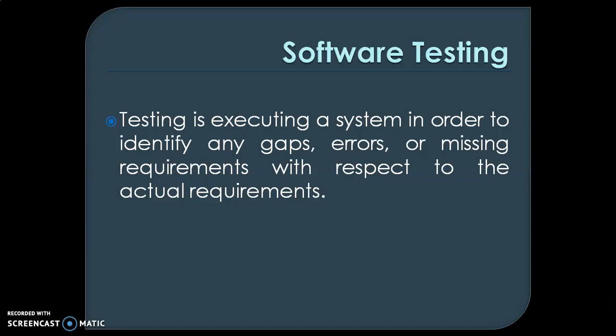Likewise, software is developed and it is tested during development and after completion of the development phase. So testing is executing a system in order to identify any gaps, errors or missing requirements with respect to the actual requirements. This is the definition of software testing.